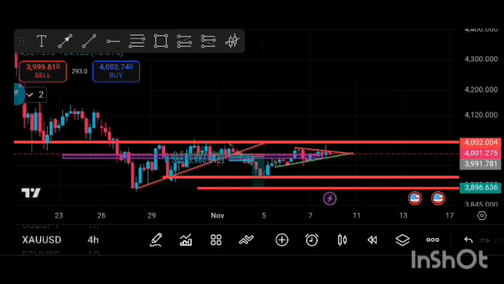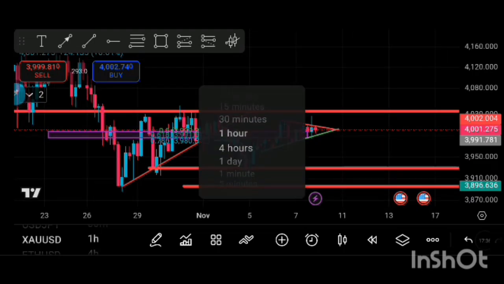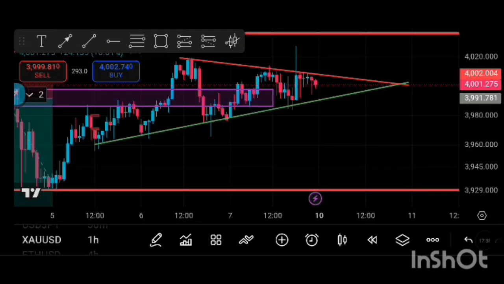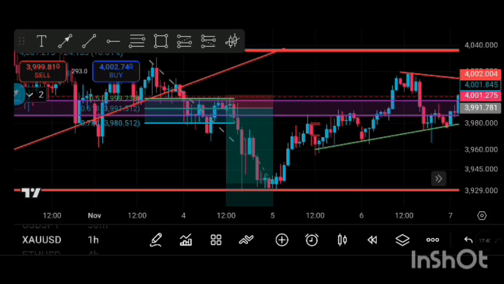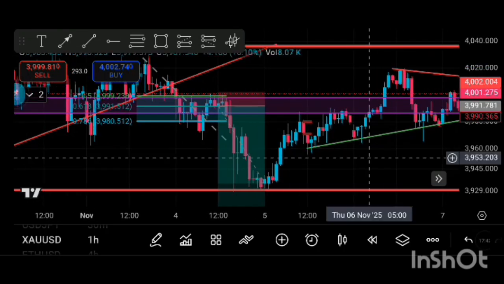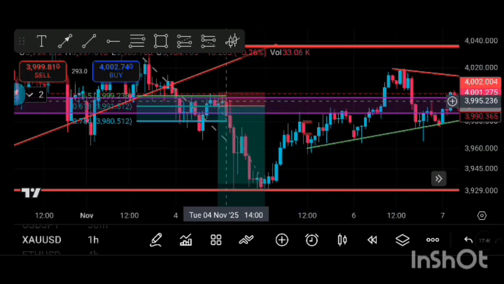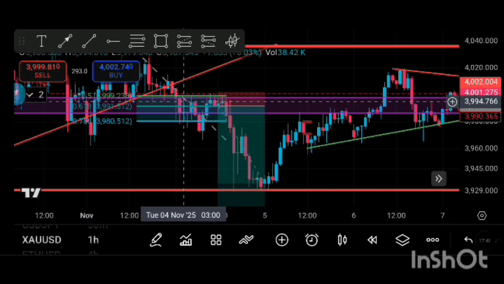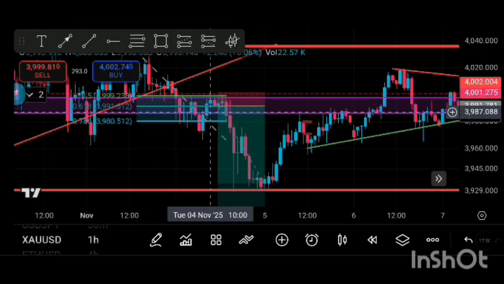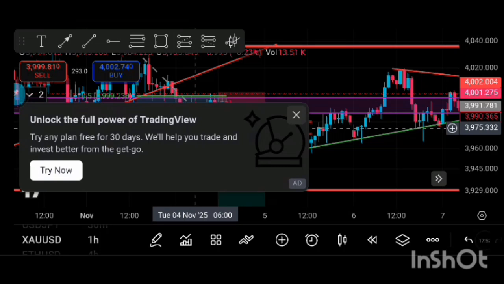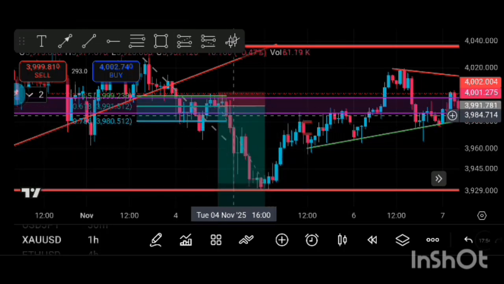So go to the 1 hour time frame, and as you can see, we came back to the support, which turned into resistance after this break, so it came back to retest. So I'm looking for a good entry.